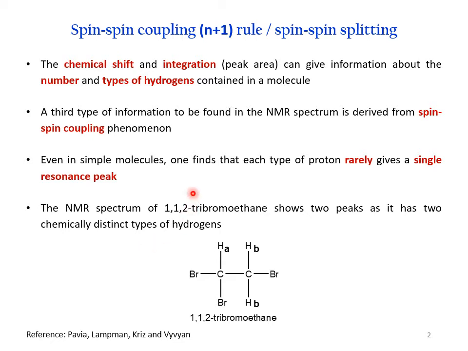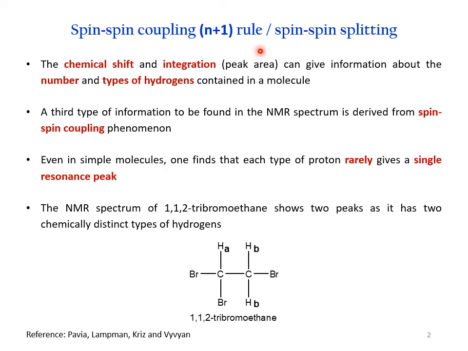The third and important application of proton NMR spectroscopy is obtained from another important concept called spin-spin coupling, or spin-spin splitting, which is also called the N+1 rule. From this third concept, we can identify the number of protons present on the adjacent carbon atom.